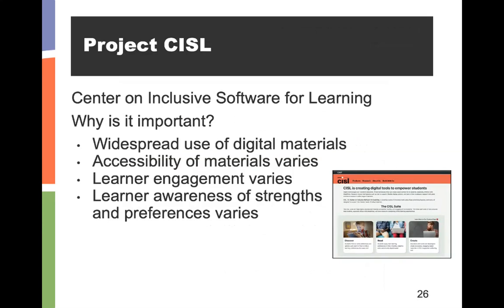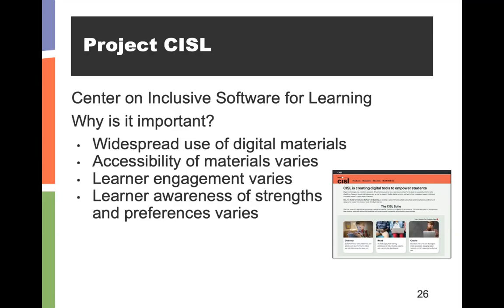So Project CISL is the Center on Inclusive Software for Learning. And what we've done over the last year is really do a scan of what's happening in the education space from the K through 12. What is happening there is that there's a widespread use of digital materials nowadays. The accessibility of those materials really varies.